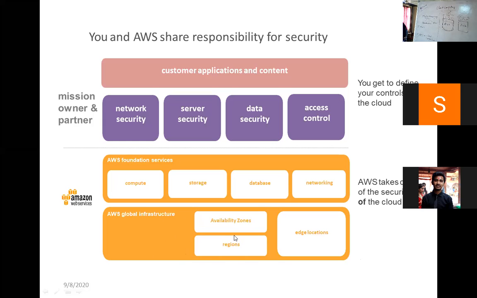We have regions, availability zones, and edge locations. This AWS global infrastructure is established by the AWS organization. On that, they are offering foundation services. By foundation services, we mean the core services that we have in AWS.